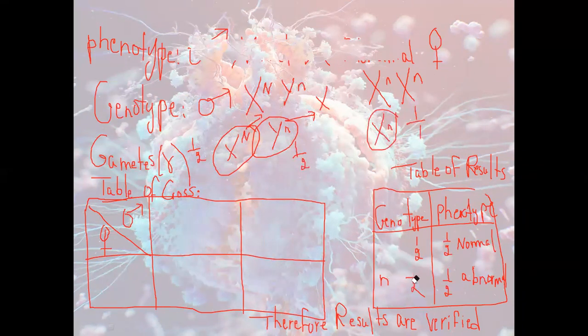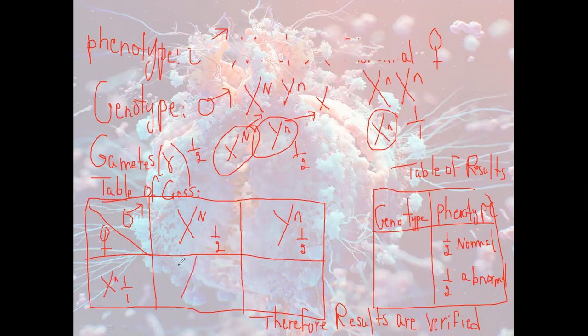For example, here the male will give X N, 1 over 2, and Y N small, 1 over 2, let's say. And here, X N small, 1 over 1.